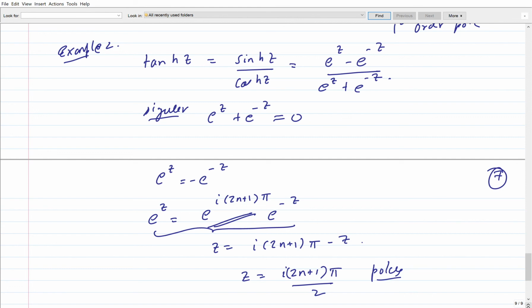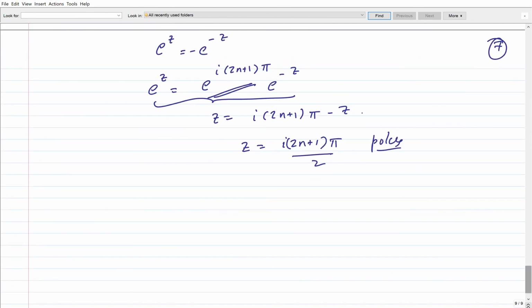And well, we can check if these are first order poles or not. So are these first order poles? Let's check.